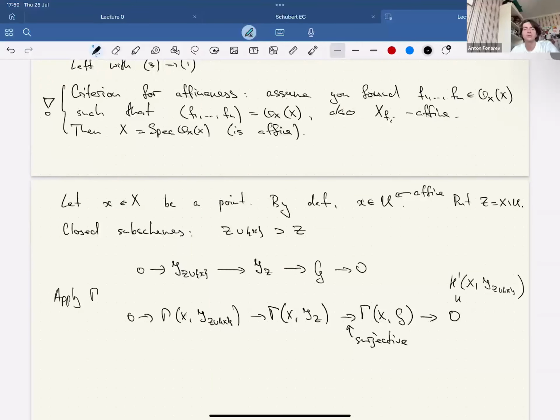All right, so since this map is surjective, I claim that we can find a function.